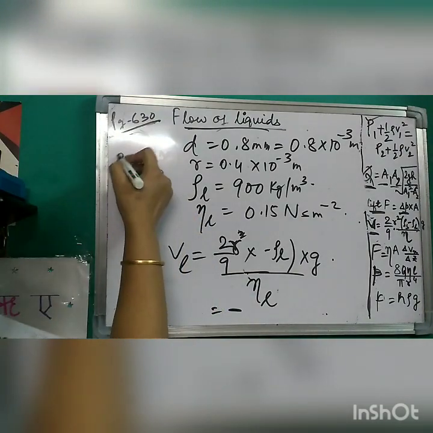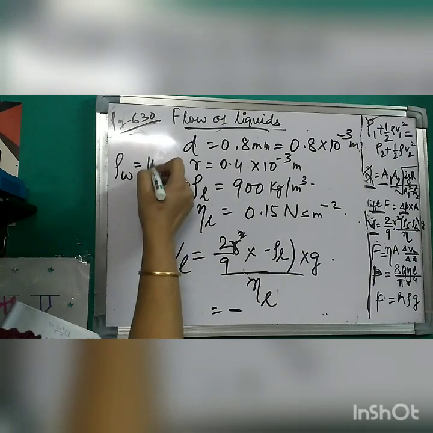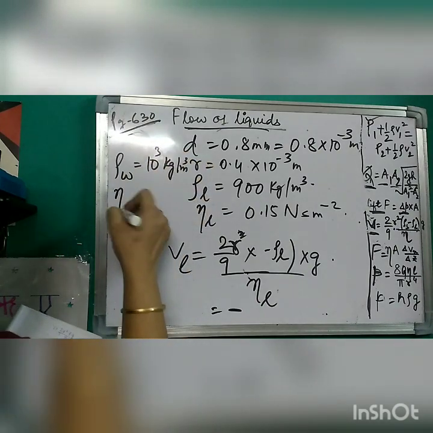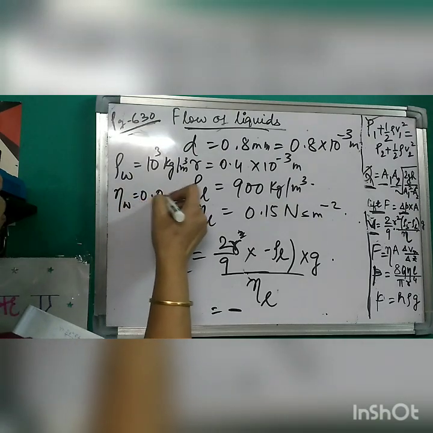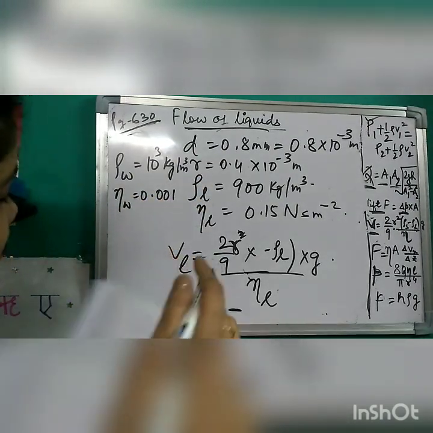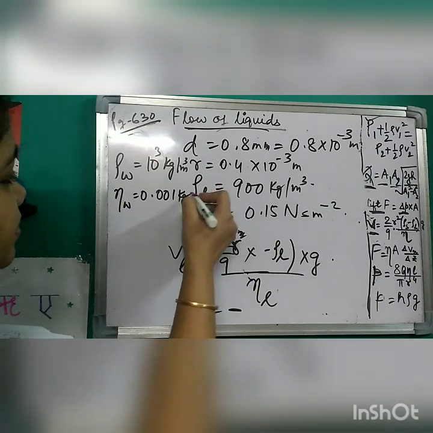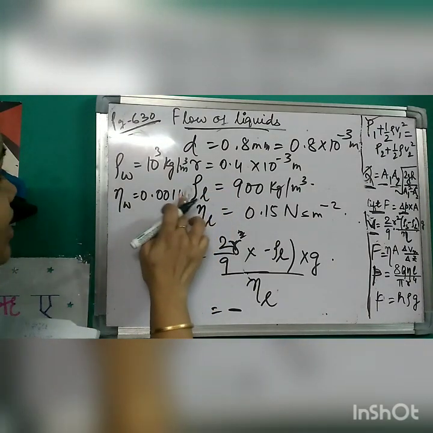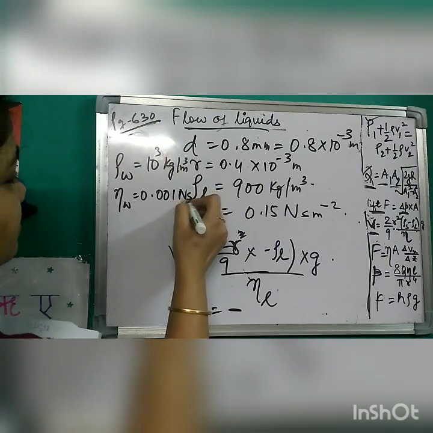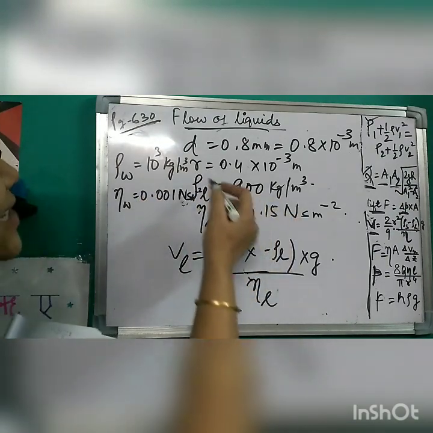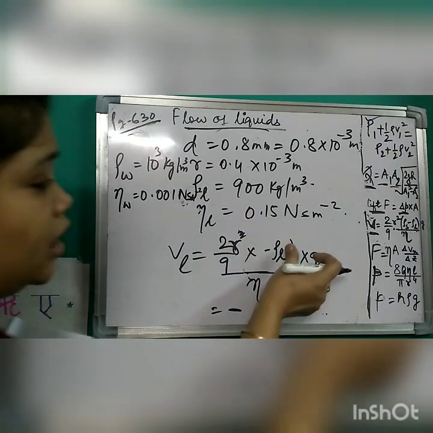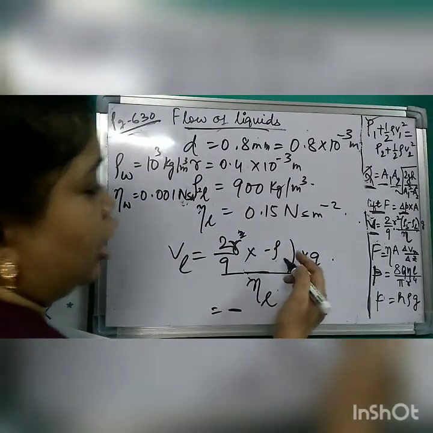Remember that density of water is 10 to the power 3 kg per meter cube, and viscosity of water is 0.001 kg per meter second. Basically it is Newton second per meter square. So instead of rho l and eta l, now we replace it with water.